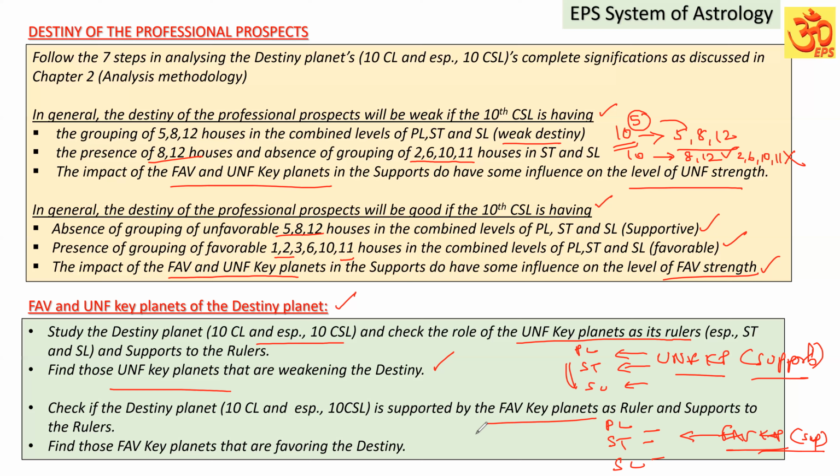How these unfavorable key planets play a role in the Dasa period, that we will discuss in the other part. But how the unfavorable key planets, if they are playing a role at the star level, are going to give the impact, that we will discuss in the next slide.